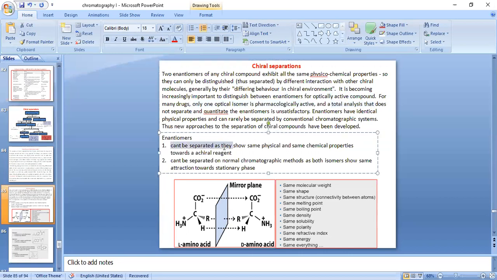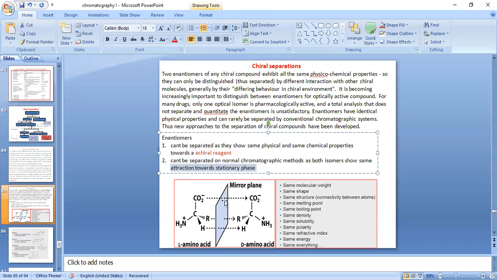Enantiomers can't be separated with an achiral reagent, as they show the same physical and chemical properties towards it. They can't be separated by the normal chromatographic method, as both isomers have the same attraction towards the stationary phase. If we are using an achiral adsorbent phase, for example simple silica gel, it will not behave differently because they will show the same interaction.